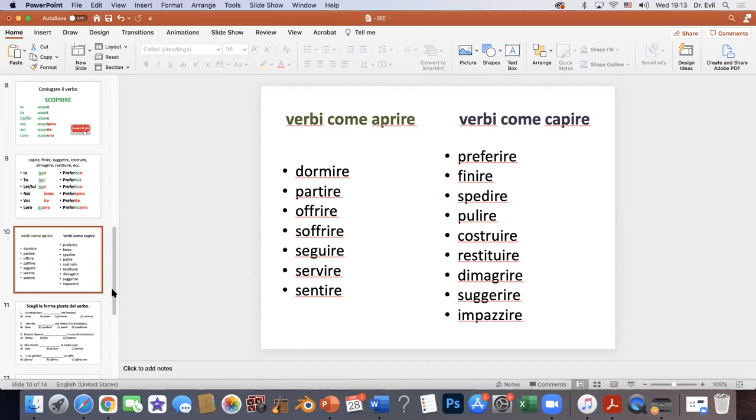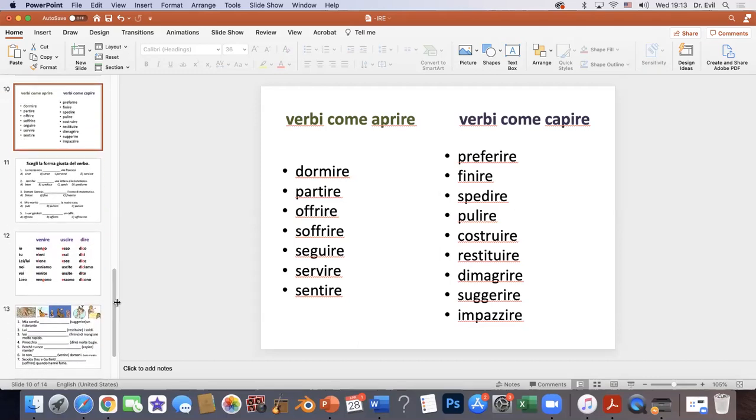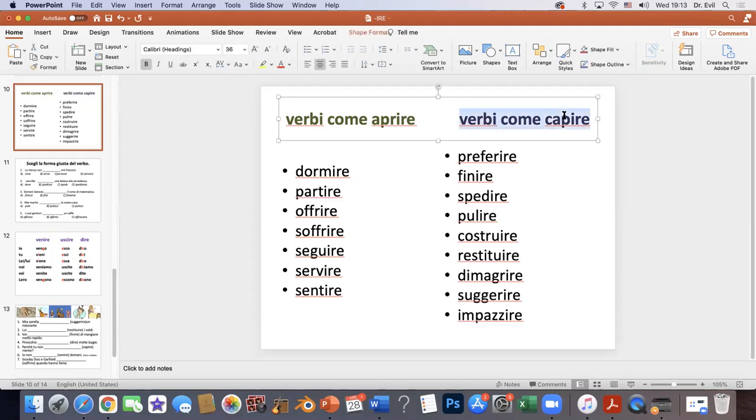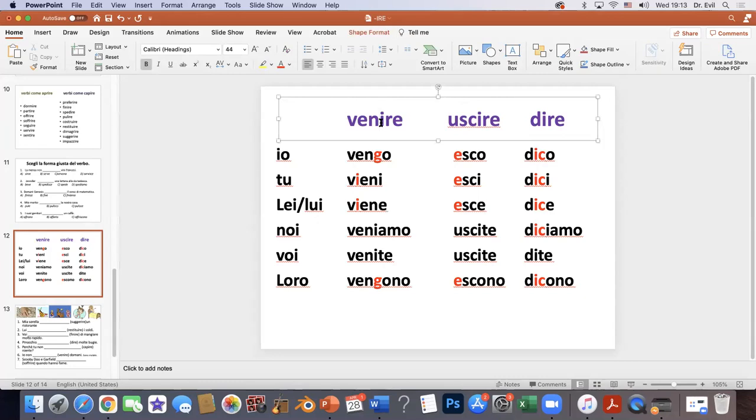Then this is just a very preliminary list. You have more in the quaderno, and they are repeated in the homework about the ire verbs. On the first page you have two big lists: verbi con ish, verbi senza ish, right? Then we did something like this, and then these are actual irregular verbs, meaning you don't say io veno or venisco, right?